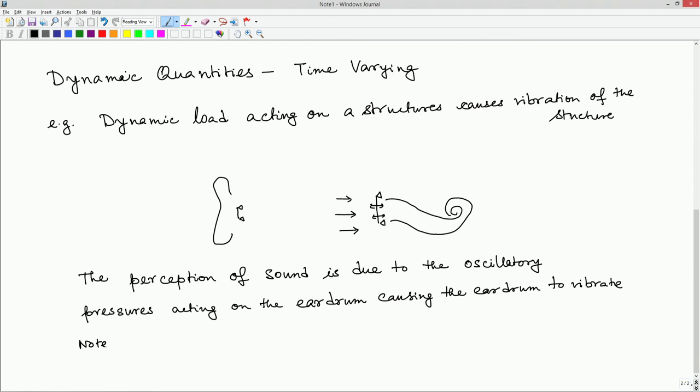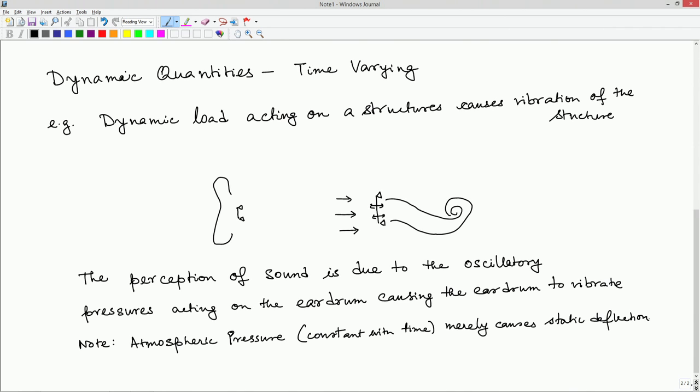Again, please note that the atmospheric pressure, which is assumed to be static or constant with time, merely causes static deflection of the eardrum structure and is not responsible for sound perception.